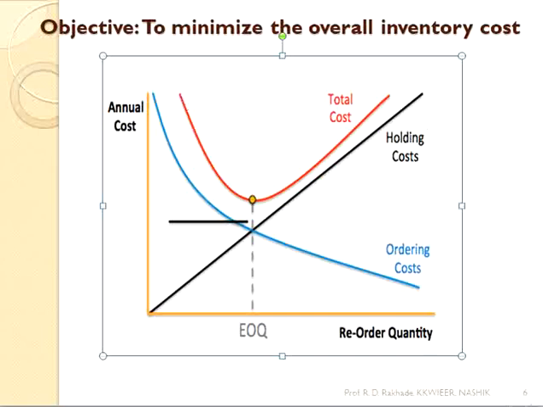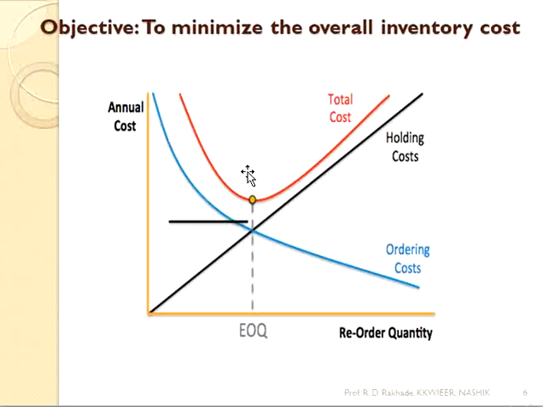From this graph we can conclude that this minimum annual cost represents the EOQ point, or what we call the economical order quantity. It means that at this quantity we have the minimum annual cost required for inventory, the proper summation of ordering cost and holding cost. So this is the EOQ point, the economical order quantity point.